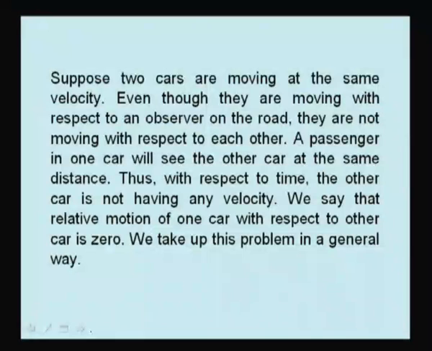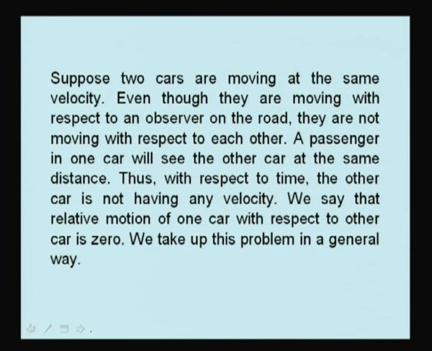Now, if you have two cars which are moving at the same velocity, even though they are moving with respect to an observer on the road, they are not moving with respect to each other.